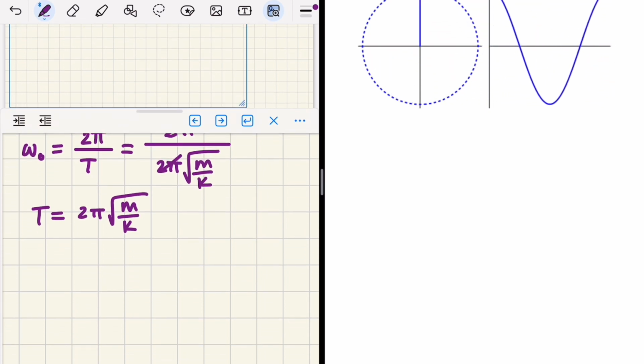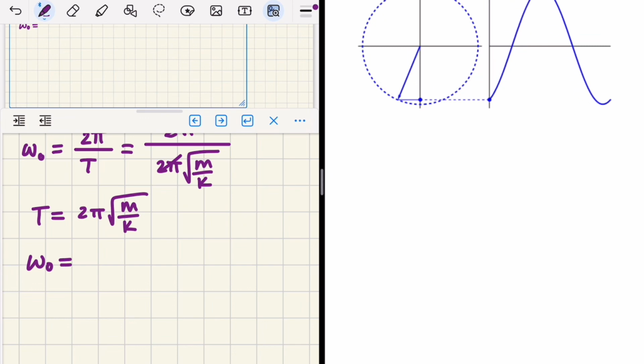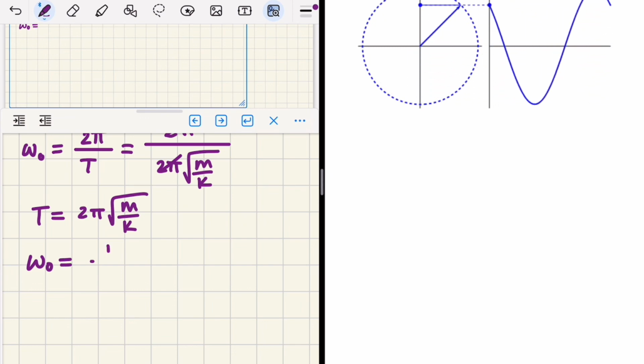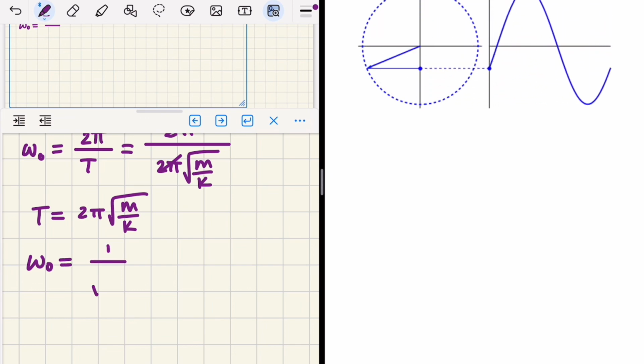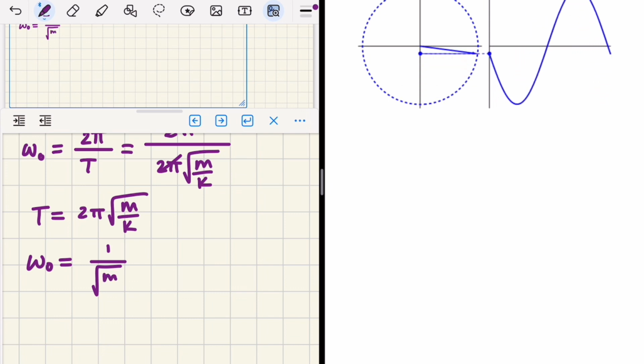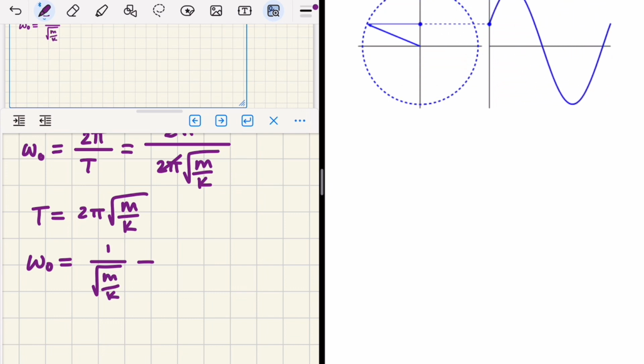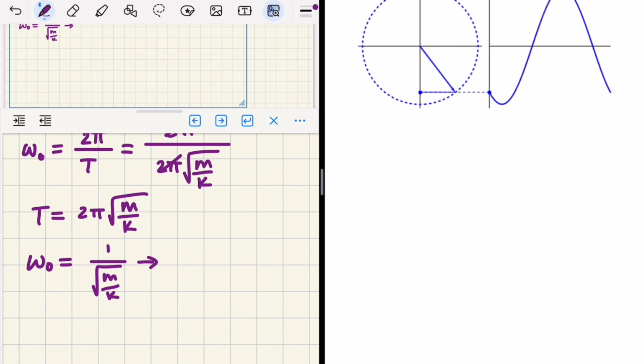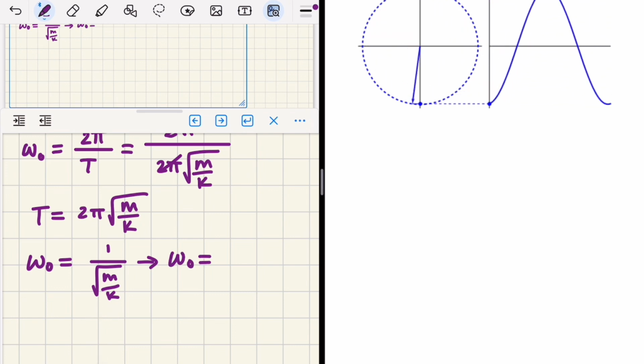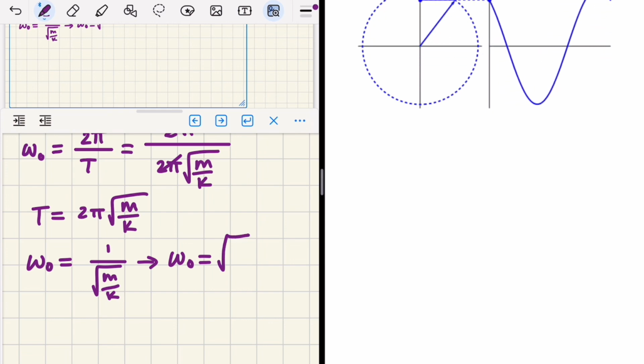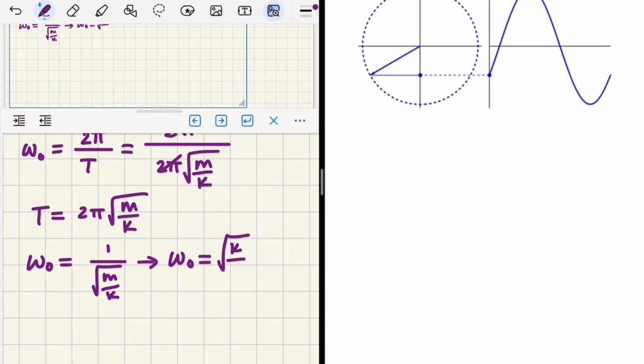And now I can rewrite this omega naught as 1 over the square root of m over k. And that I can rewrite by flipping the radicand, and I'll get that omega naught is equal to the square root of k over m.